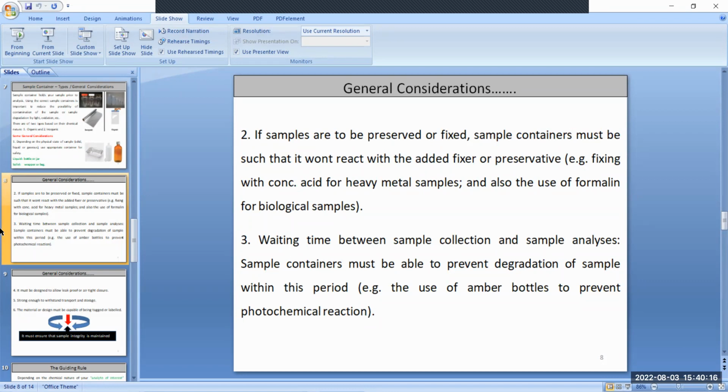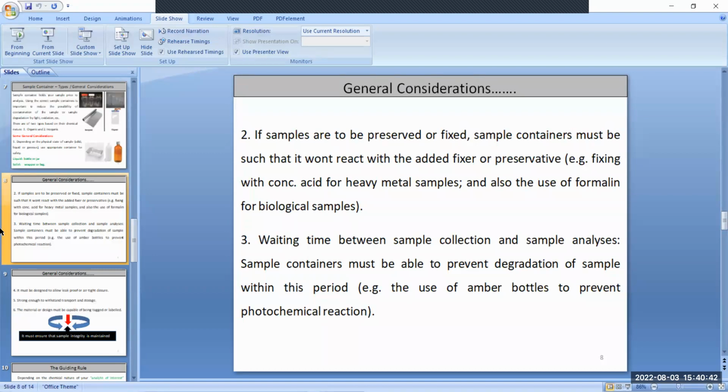Also, one of the considerations that could serve as a guide is ensuring that your sample container can sustain the waiting time. The waiting time between sample collection and sample analysis is very, very important, and sample containers must be able to prevent degradation of the sample within this period. For example, the use of amber colored bottles to prevent photochemical reaction is one of the examples.